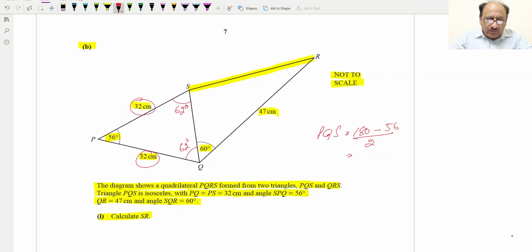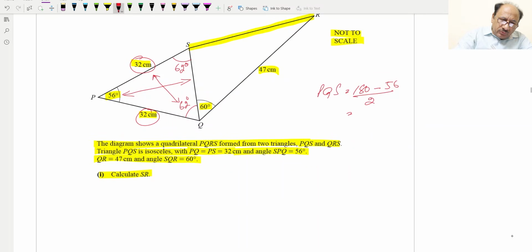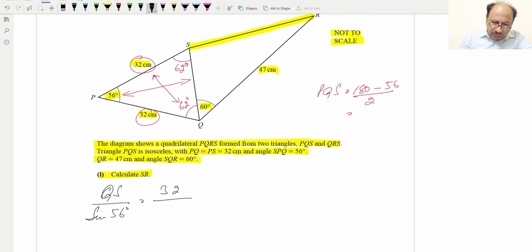Now we can directly apply the sine rule, and we can use one of the sides and angle, and further we can use this unknown side and the angle. QS over sine of 56 degrees will be equal to 32 over sine of 62.